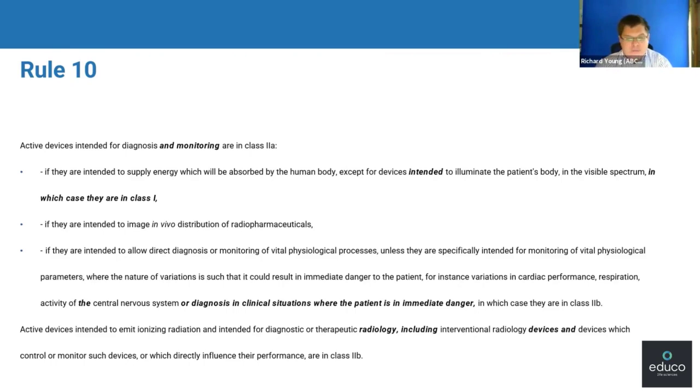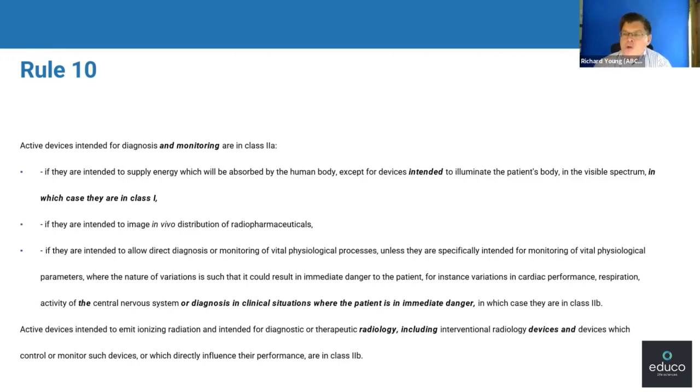And we go through here and see they're intended to allow direct diagnosis or monitoring of vital physiological processes, unless they're specifically intended for monitoring of vital physiological parameters where the nature of variations could result in immediate danger to the patient.